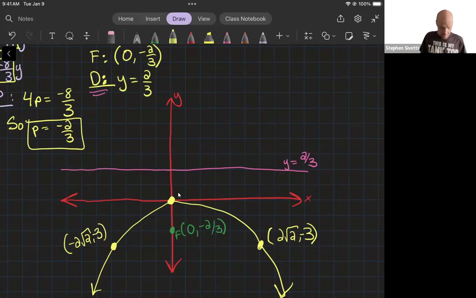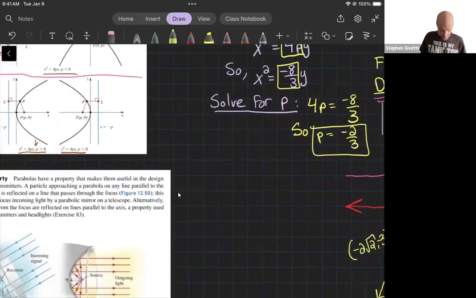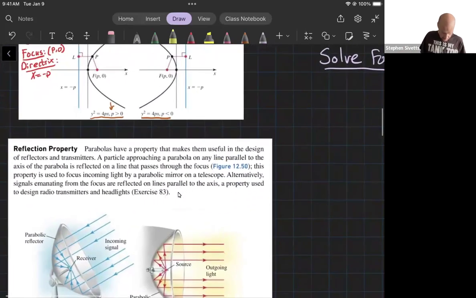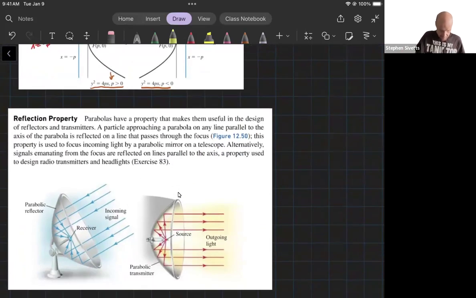Okay. And this actually is pretty useful in making satellite dishes, right? Because parabolas, three-dimensional ones, have this property that light or any other signal is reflected off a reflector on a satellite dish, right? So if a particle is approaching on a line that's parallel to the axis of the parabola, the axis of rotation being here, right?